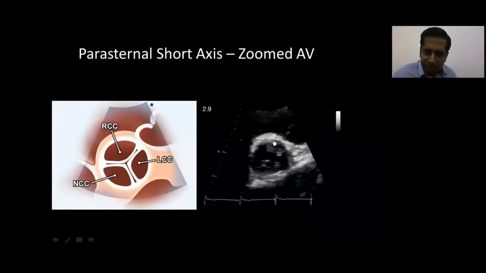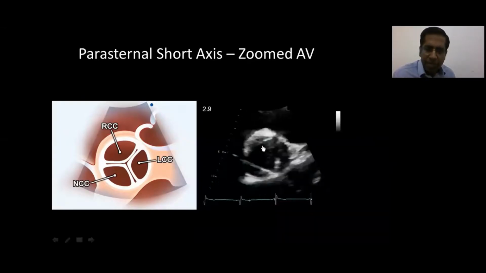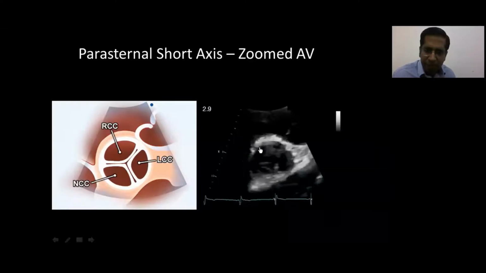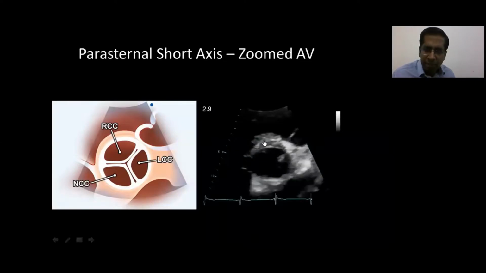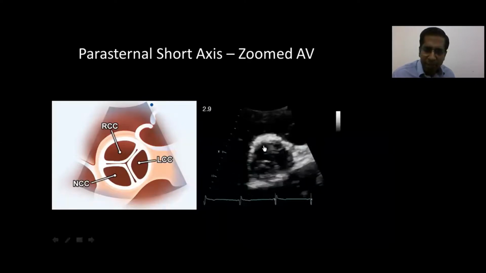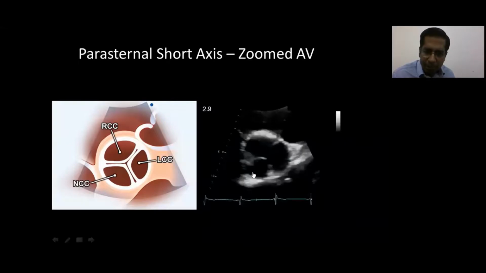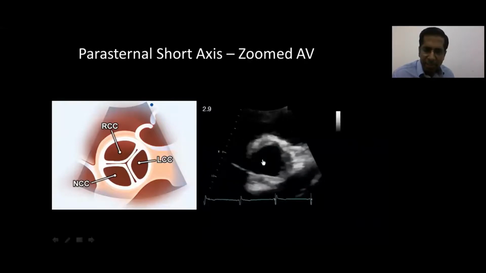What you are seeing here is the right coronary cusp, and a simple way to remember that is that this is related to the RVOT. And this particular cusp is related to the interatrial septum, which comes here. So how we can remember it is, what is related to the RVOT is the right coronary cusp. What is related to the interatrial septum is the non-coronary cusp, and what is left is left.